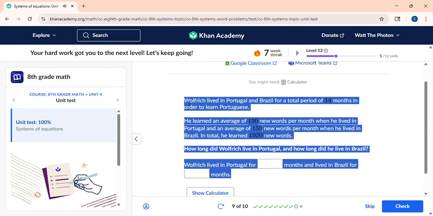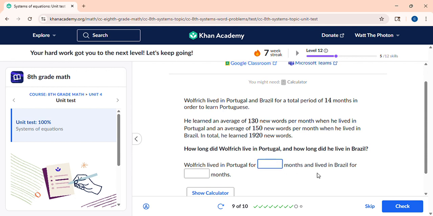Just hit the critical point. Wolf Bridge. Let's see. It was in Portugal for 5 months, 9 months, I think. Let's math. 130 times 5, 650, and 9 times 150. I think I did this problem before.